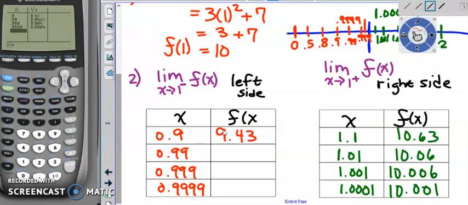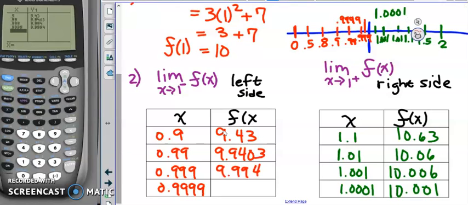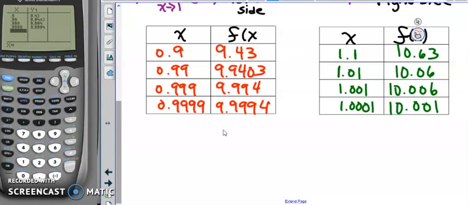All right, so here we're going to put in, let's put in red, 9.43, 9.9403, 9.994, and then 9.9994. So as we're looking at these, we have to again tell what's happening.